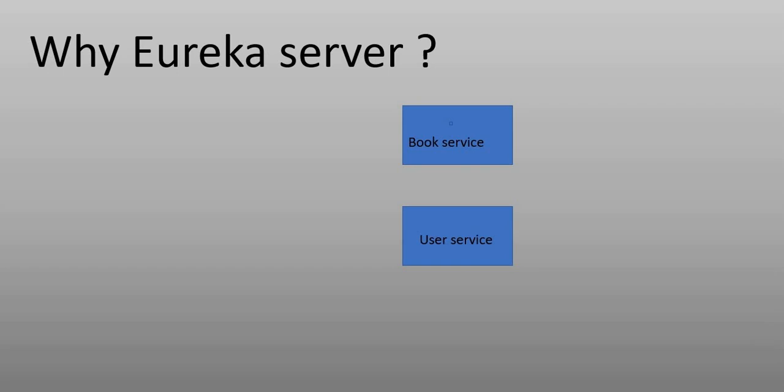Okay, so consider this to be a bookstore application wherein a user can have some books under his name. And if there is a use case wherein the user has to get some book information that he possesses. Say a user has 3 books under him.